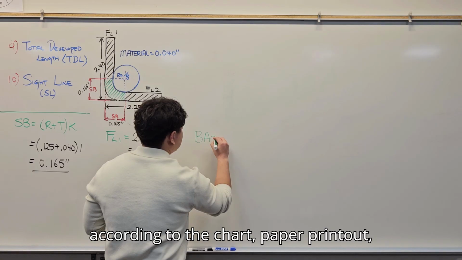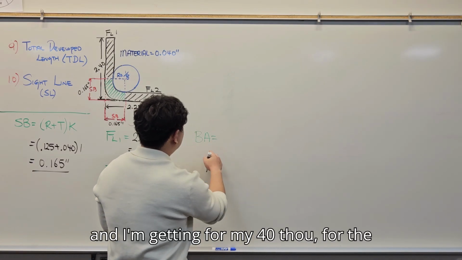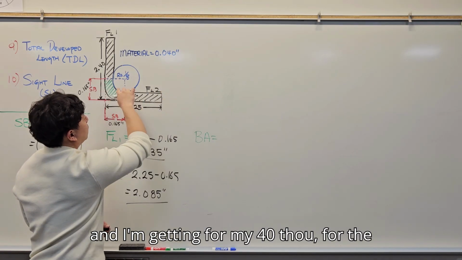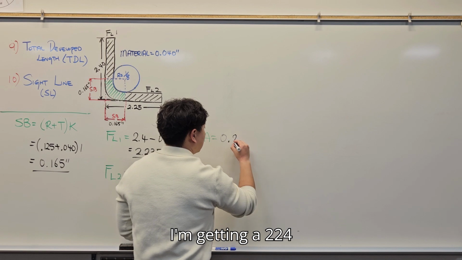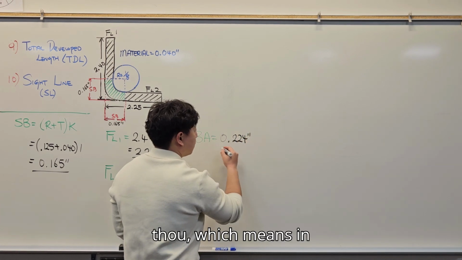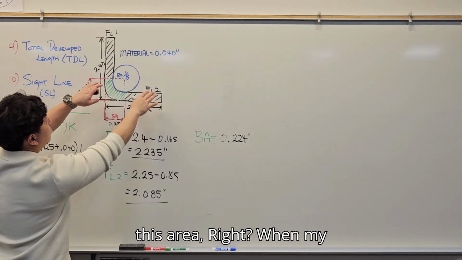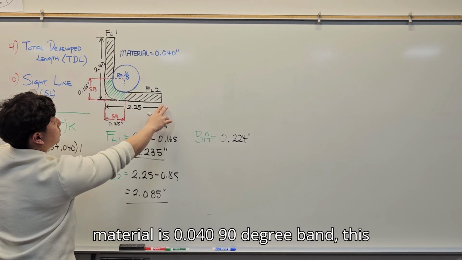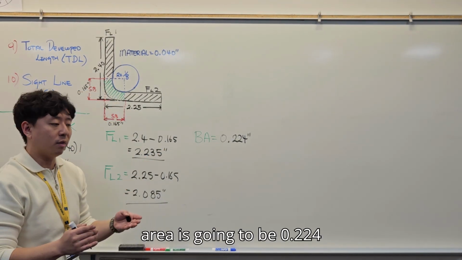I'm going to the chart, the paper printout, and for my 40 thou material, for the 90-degree bend on the 1/8 radius, I'm getting 224 thou, which means in this area, when my material is 40 thou and the bend is 90 degrees, this area is going to be 224 thou.